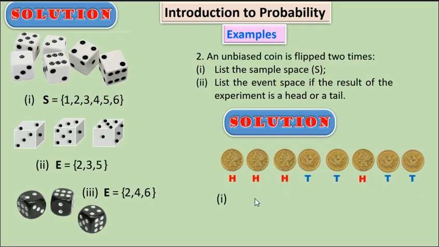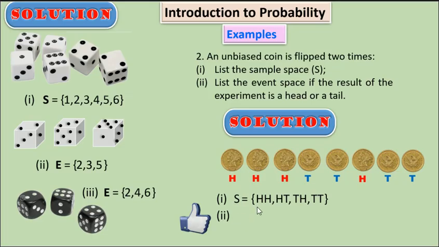So therefore, the sample space for this experiment will be what you are seeing now: head, head for the first, head, tail for the second, tail, head for the third, and tail, tail for the last. That's the sample space. Now, number 2, we say list the event space if the result of the experiment is head or tail.